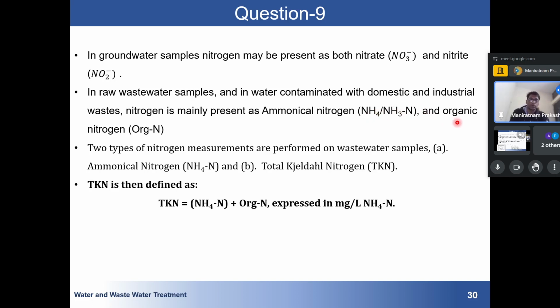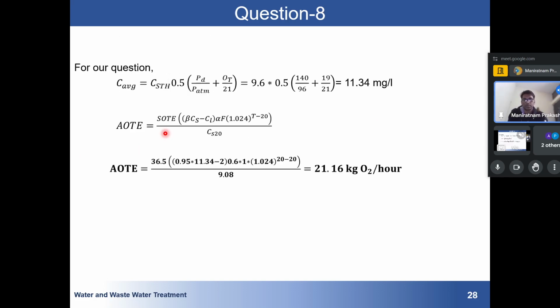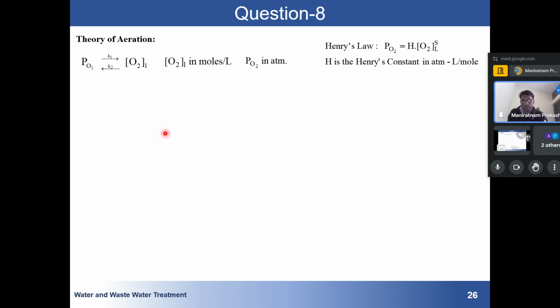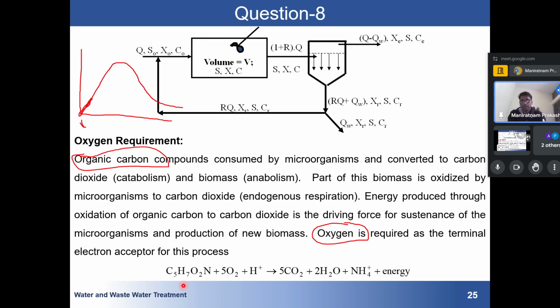Or organic nitrogen, which means the nitrogen is attached to some organic matter. Remember, this is organic nitrogen. We know that CH4 is there. If some nitrogen comes in and forms something, then it is called organic nitrogen. So this nitrogen is attached to this part, which means this is a kind of organic nitrogen.